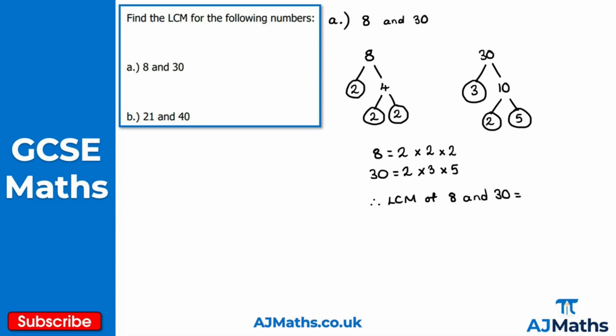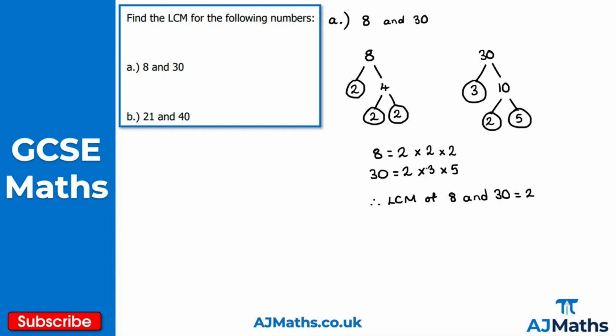But what we need to do here is match them, which we've already done. So basically, you've got 2s in the prime factors for 8, and any 2s in the prime factors of 30, you need to match those in a column. Like you can see, we did that here. Now, if you have more than one in a column, like we've got 2 2s in this column, then we only take one of those for our product. So we only take one of these 2s.